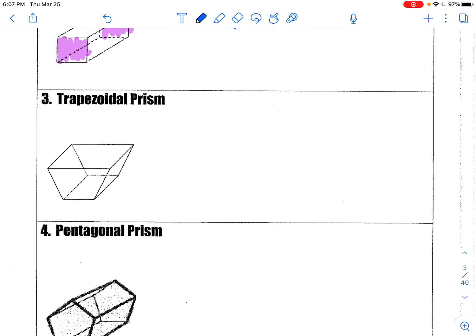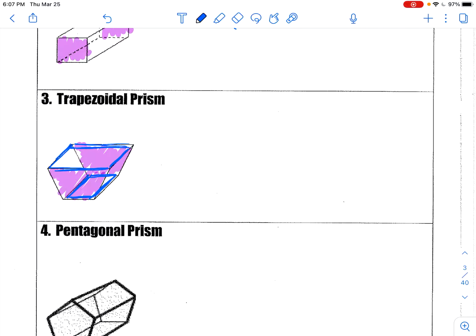The third figure, the base is a trapezoid, and then we have four lateral rectangles. And in this case, our lateral rectangles are different sizes. We can see the one on the bottom is kind of long and thin compared to the one on the top, which is very wide and long.